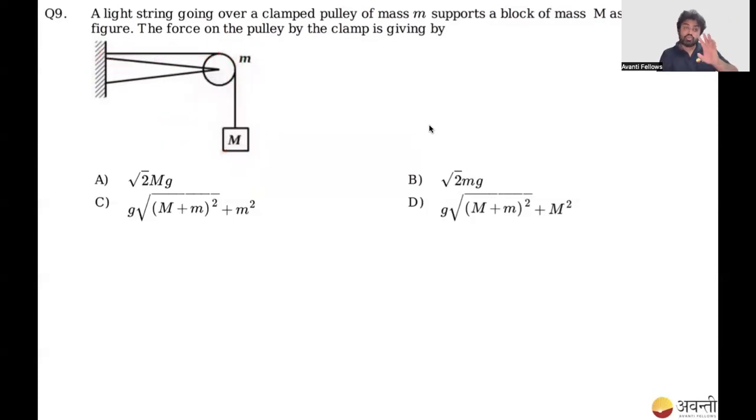To balance this resultant, the clamp is playing an important role. If the clamp is not strong enough to balance this resultant force, then it will break. So the clamp is applying exactly the opposite force to balance it. Simple.